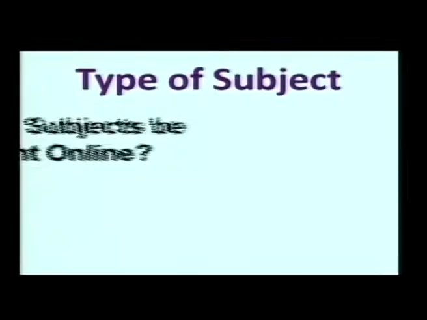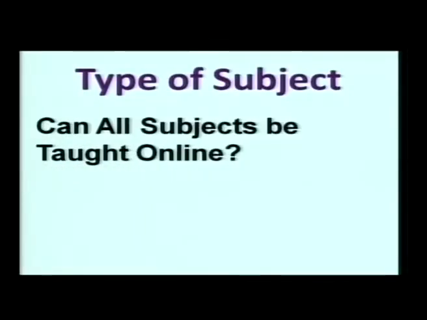The third point before you offer an online course is that the institutions should see the type of the subject which is being offered online. We need to think, can all subjects be taught online? A big question mark.